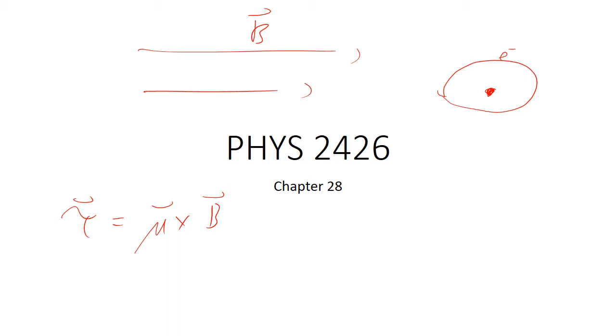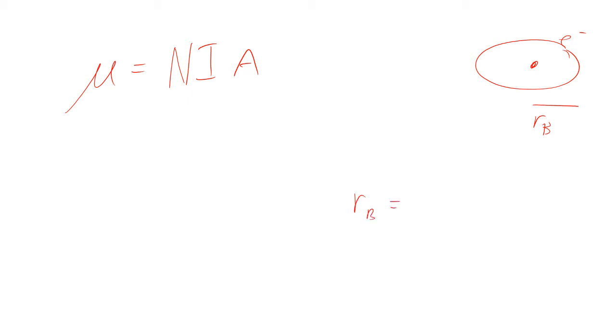So we need to know mu. What's the magnetic moment of that electron? Well, we know magnetic moment is NIA. We've got one electron going around, at the Bohr radius, R_B, the effective radius of that electron's orbit, which is 5.29 times 10 to the minus 11 meters.